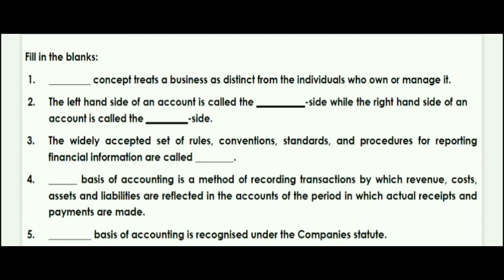Now the next question is, the left hand side of an account is called what? Debit, credit? While the right hand side of an account is called what side? Debit side, credit side. Obviously it's a very easy question: the left hand side is the debit side, and the right hand side is nothing but the credit side.